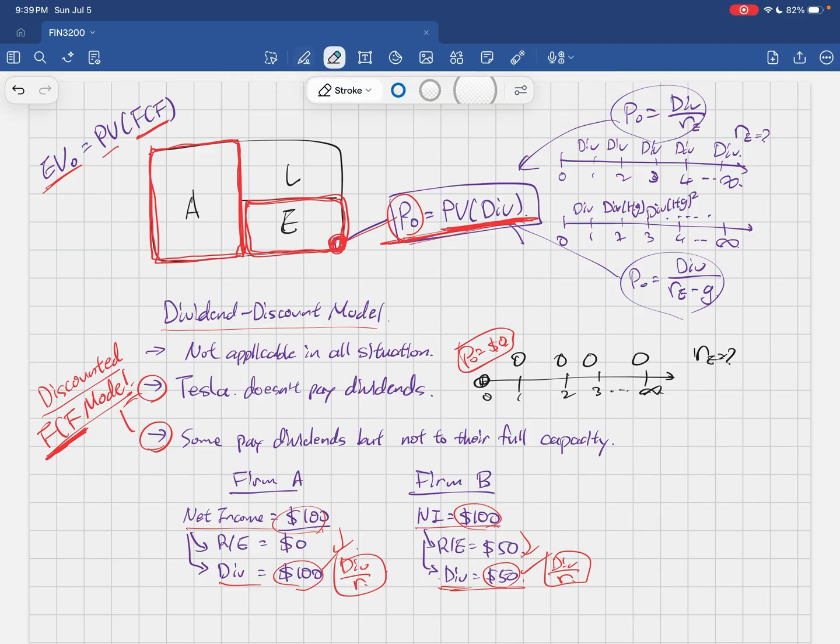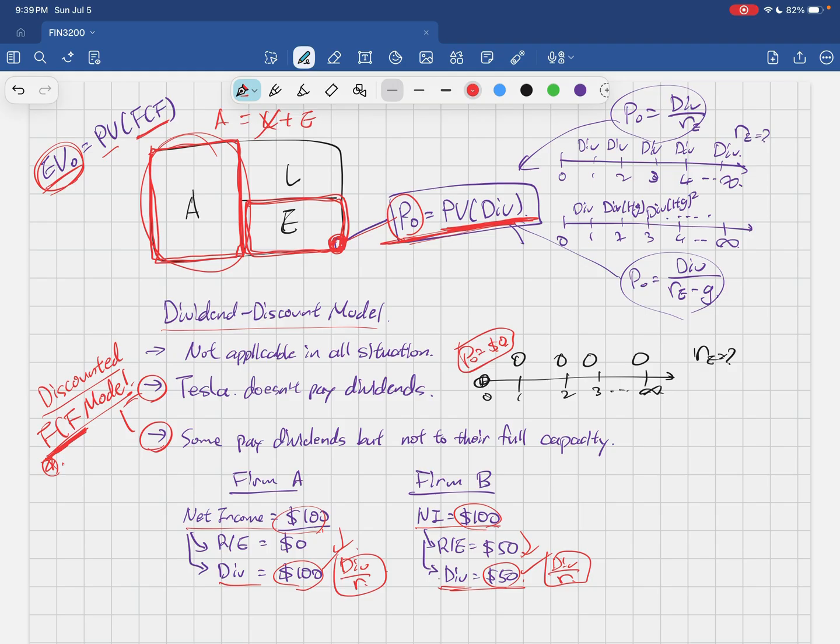So what we're going to do in the discounted free cash flow model is first get the enterprise value, and then since assets equal liability plus equity, we're going to deduct liability and get the value of equity.